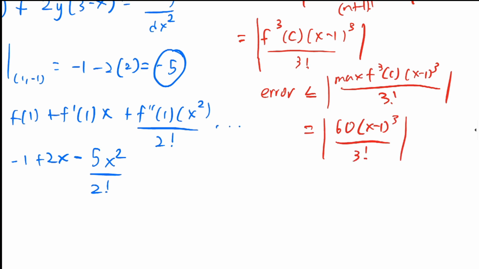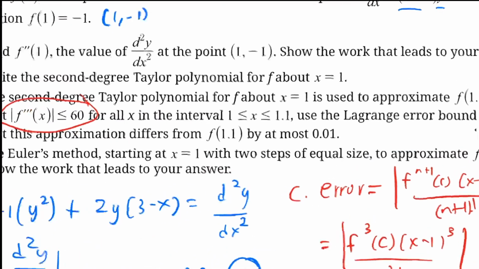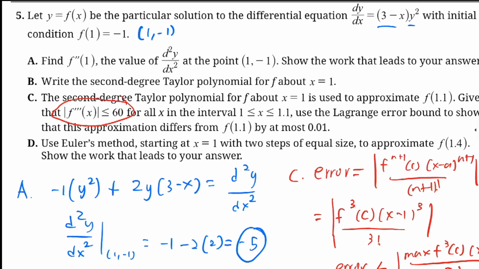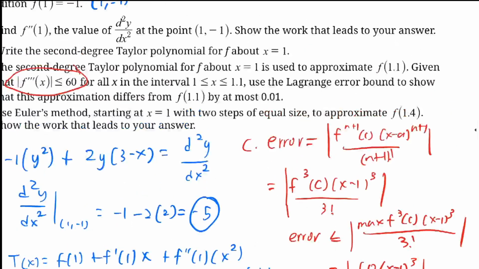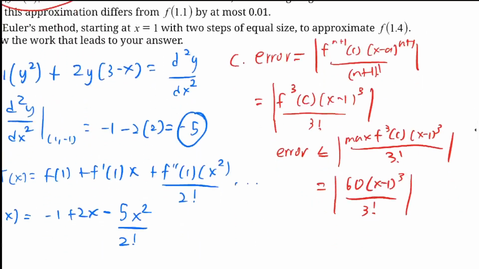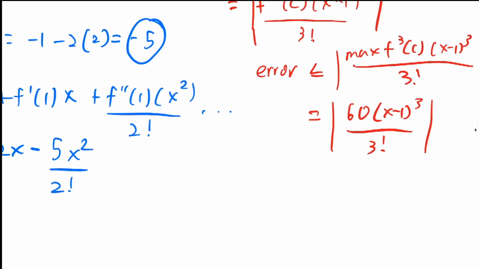And this is the maximum error. Now we are using this for the approximation of 1.1. So we're trying to see how much the error can be at most if we plug in 1.1 for x. So you plug in 60 times 1.1 minus 1, cubed, over 3 factorial, and that is how much the error is at most off by.